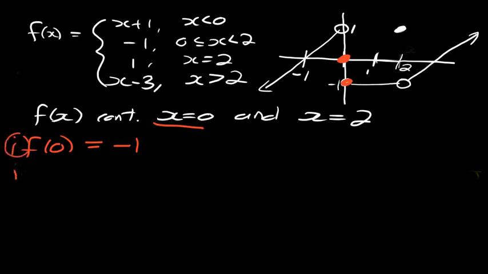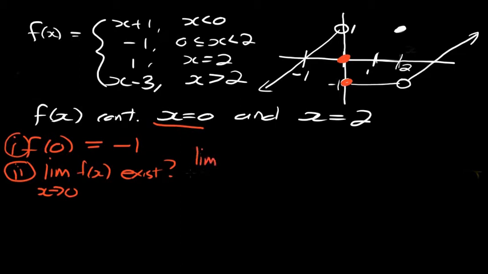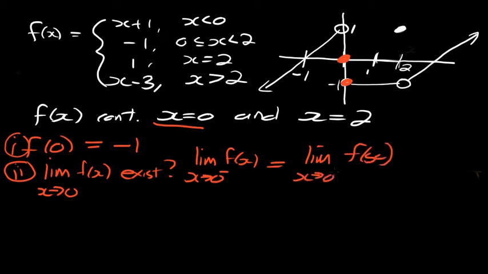The second question we need to ask is whether the limit as x approaches 0 of f(x) exists. To determine that, we must determine if the limit of f(x) as x approaches 0 from the negative side is equal to the limit of f(x) as x approaches 0 from the positive side.